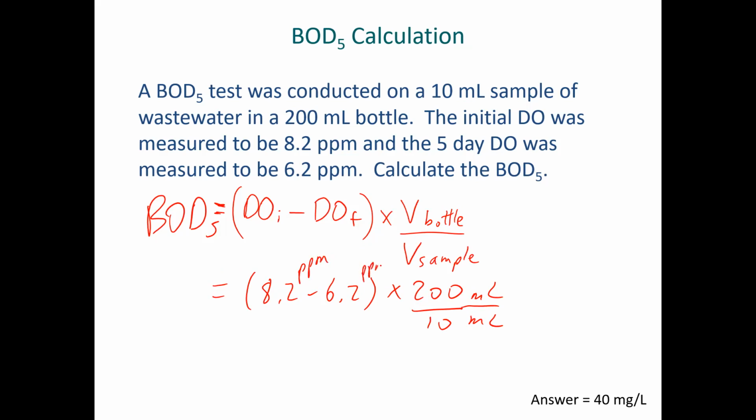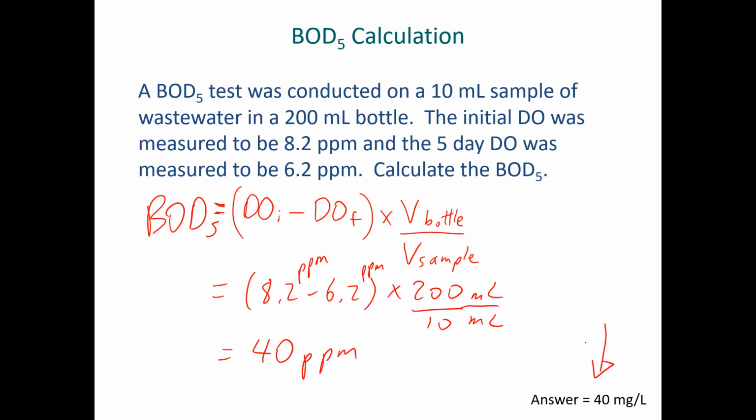Crunching this in my calculator, 8.2 minus 6.2 is 2, times 200 divided by 10, which is 20. So 2 times 20 is the final answer, and 2 times 20 is 40 parts per million. And that's the answer I get down there.